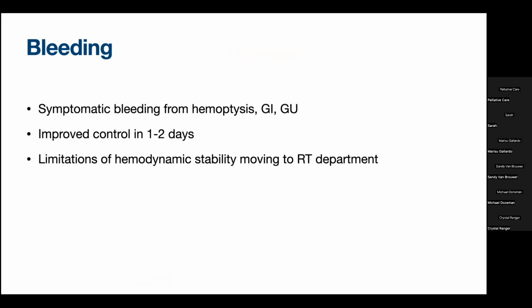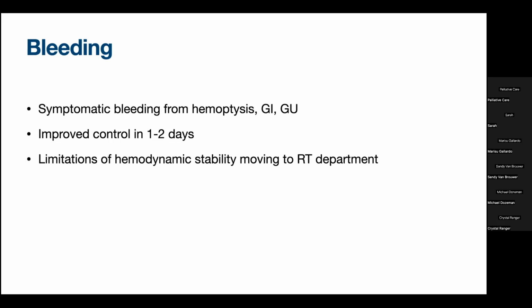So we're going to get into some of the reasons that we might use radiation therapy for palliation of symptoms, one of which is bleeding. So symptomatic bleeding from lung cancers in terms of hemoptysis, the gastrointestinal tract, or even genitourinary as well, that can sometimes have complications of obstruction as well. You can get some improved control in about 1 to 2 days after treatment is delivered.